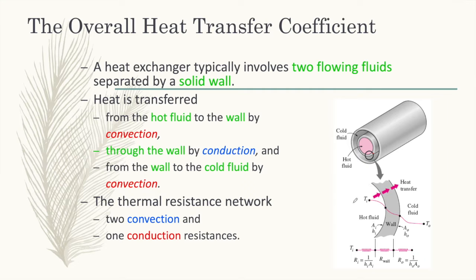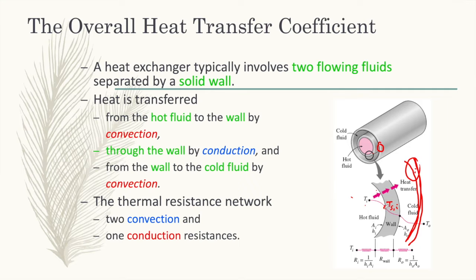So we have hot fluid inside and cold fluid outside, and this is the outside tube, with a thickness. From the hot fluid we have a convection process to the wall of the inner tube, at the inside surface of the inner tube.